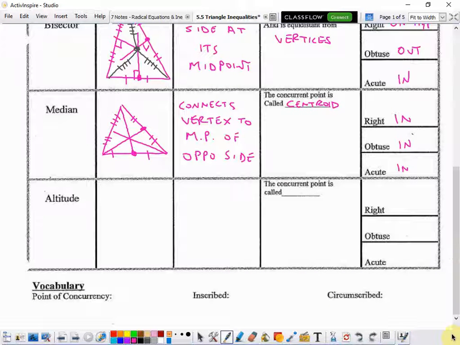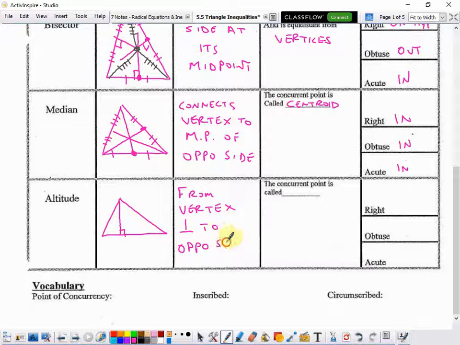And then the altitude. Altitude always extends from a vertex, and it has to be perpendicular to the opposite side. If I draw in all three altitudes, they will be concurrent.